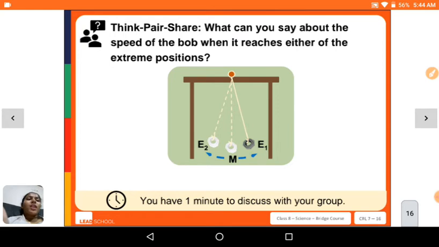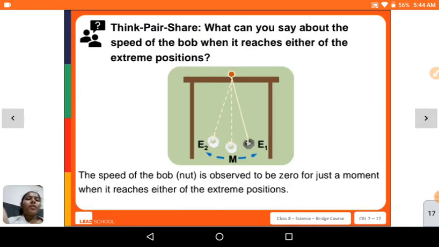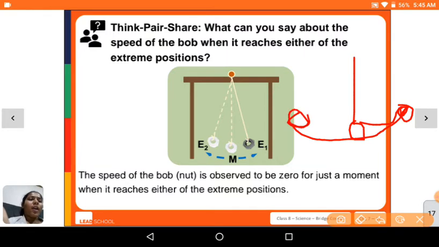What can you say about the speed of the bob when it reaches either of the extreme positions? The speed of the bob is observed to be 0 for just a moment when it reaches either of the extreme points. If you pull the bob out here and then release, it will come to this side, where it has a maximum point. From that maximum point it comes back to the other side, but just for a moment, just for a second, its speed stops completely.